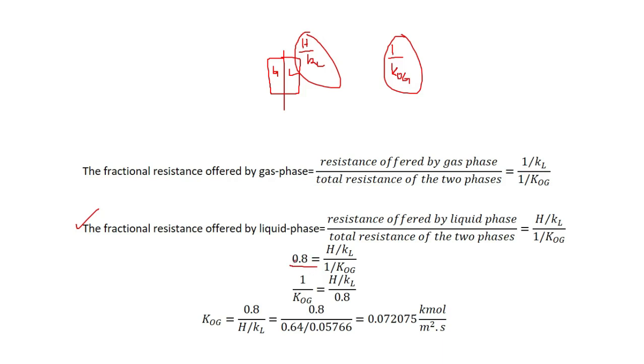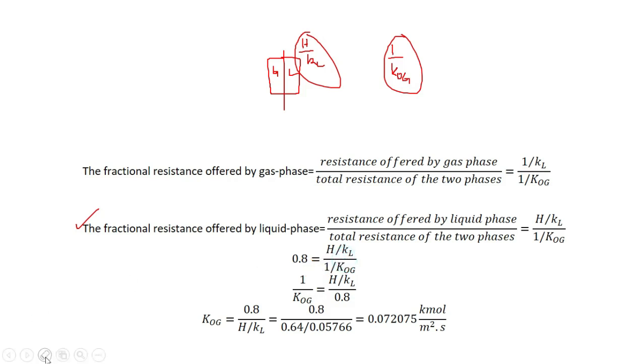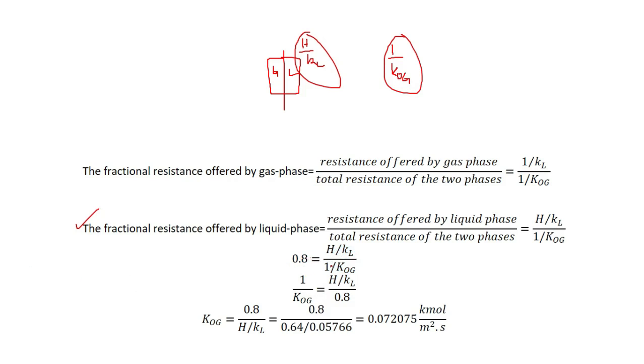So I will bring this point here. At this point, just do the cross multiplication. Here below is 1, just do the cross multiplication. So I will write 1 over KOG is equal to, I have just replaced their positions. 1 over KOG will bring here, while 0.8 will be written below the H over KL.